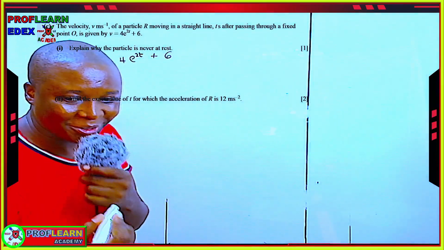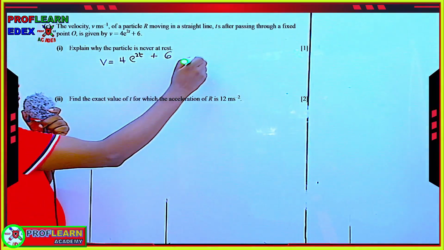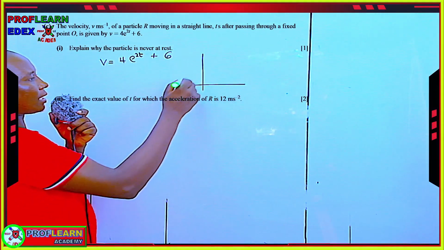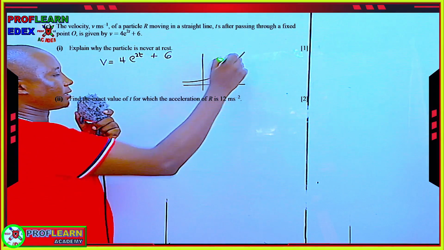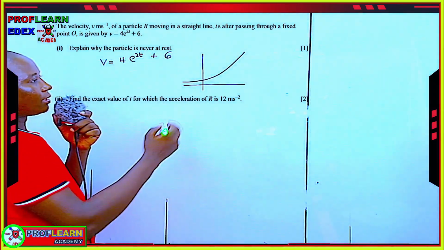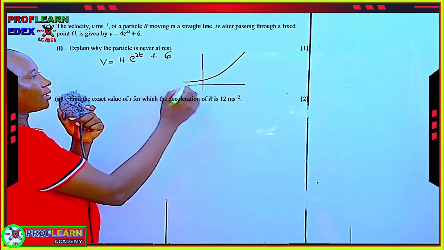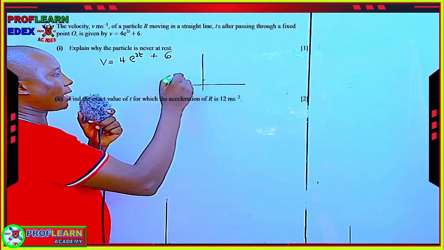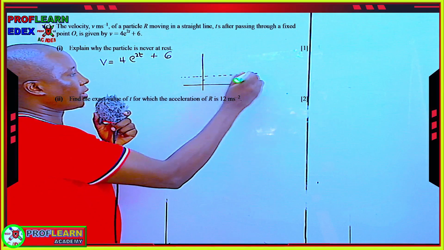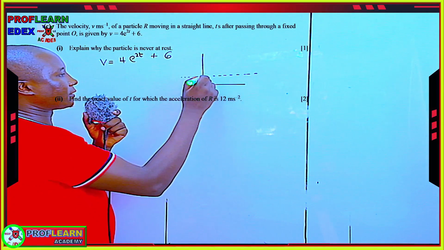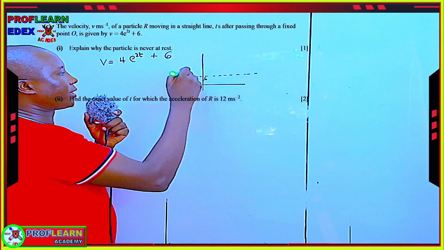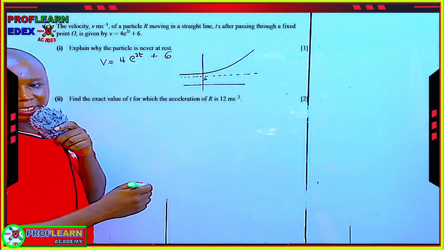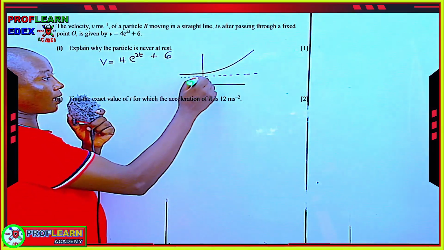Remember, the graph of an exponent looks like this, all right? And especially for this one, our horizontal asymptote is going to be at 6. So the graph is always going to be like that. That is how this graph is going to look.